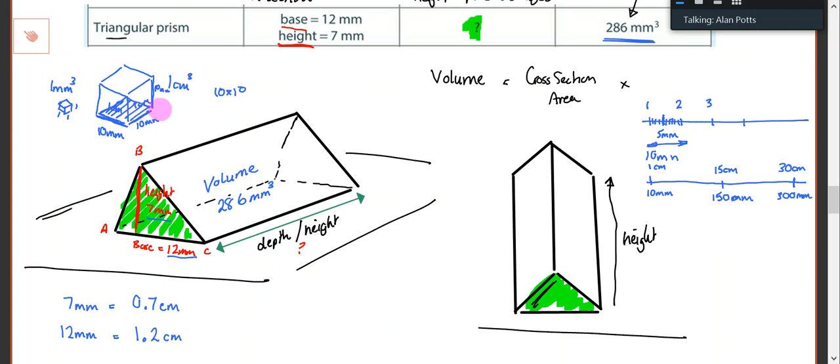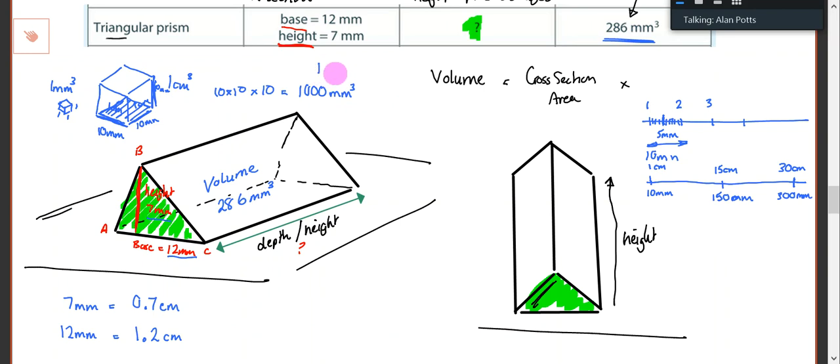And then you multiply by 10 for the height. And what do you get? 10 by 10 by 10, you get 1,000.